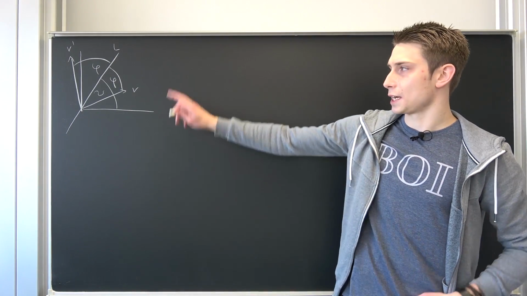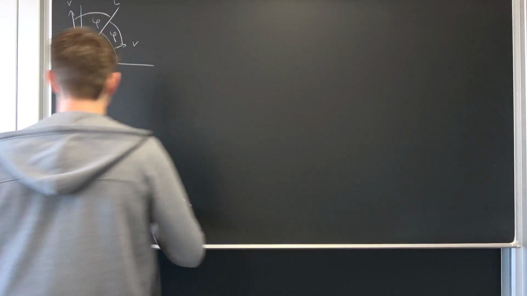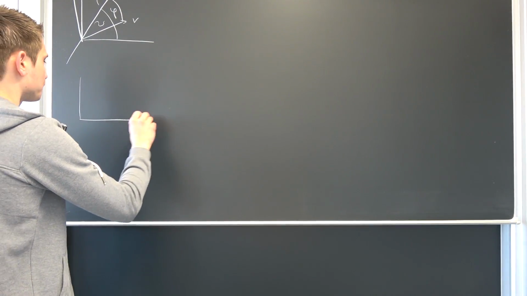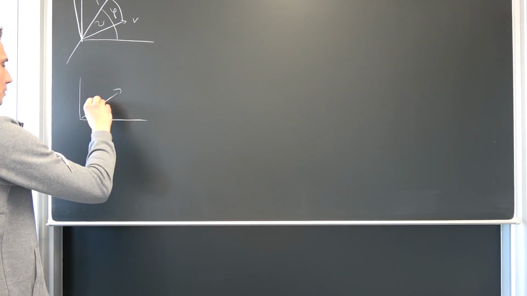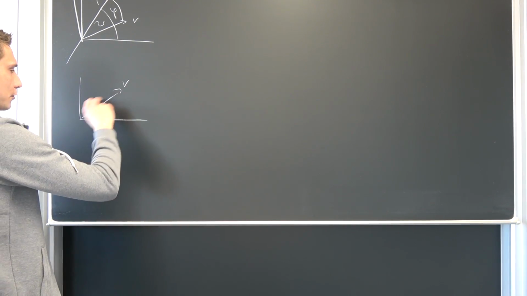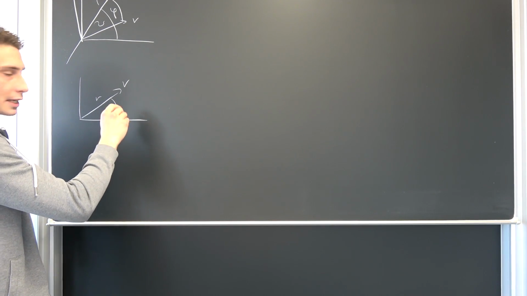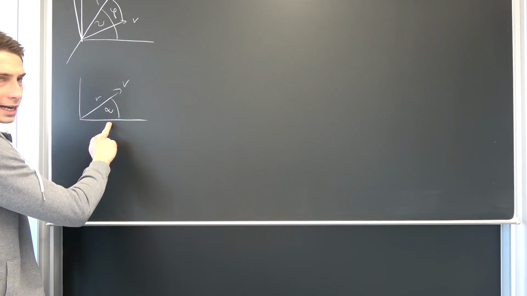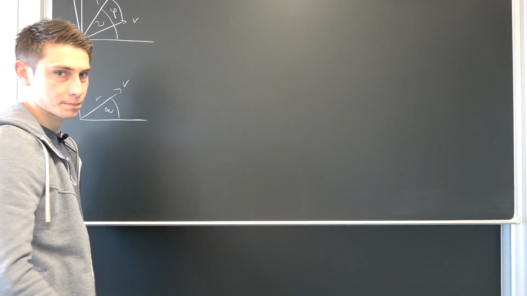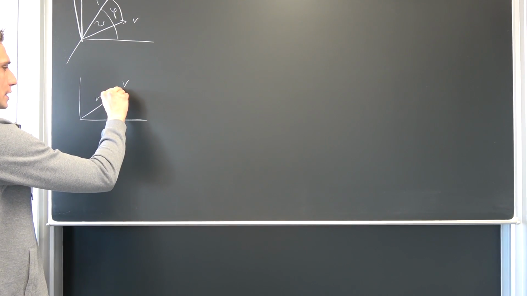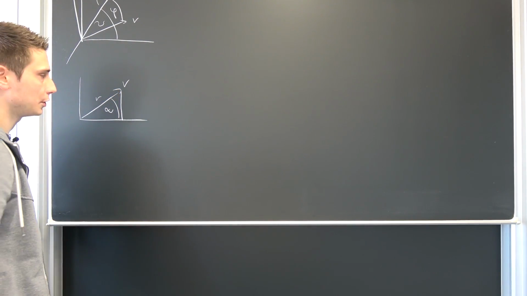At first I would like to take a look at our vector v, how it's placed in this coordinate system. We have a vector v right here with a certain length r, that's just the magnitude of this vector, and also an angle alpha between the x-axis and our vector v. We can use Papa Pythagoras once again to find the x and y coordinates.